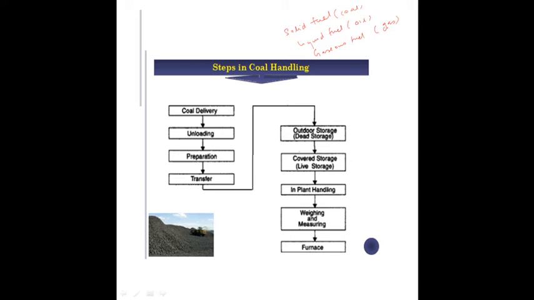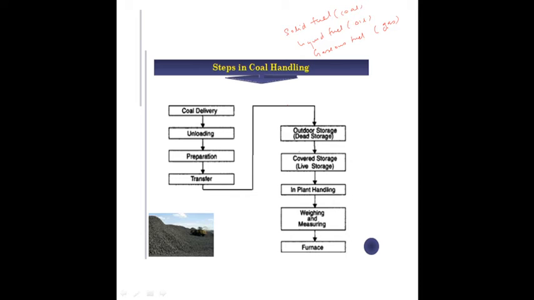Supply of this fuel to the power station from various sources is one of the most important considerations for a power plant engineer, and the handling of this fuel is an important point.